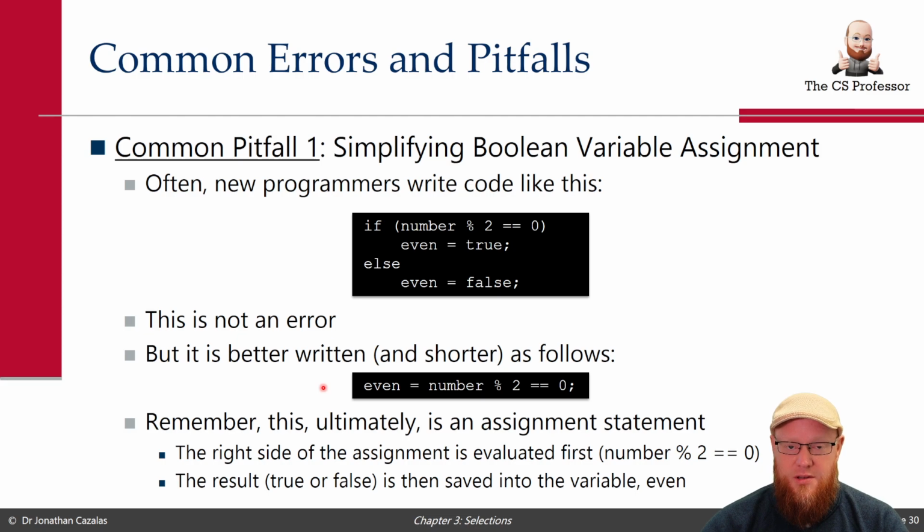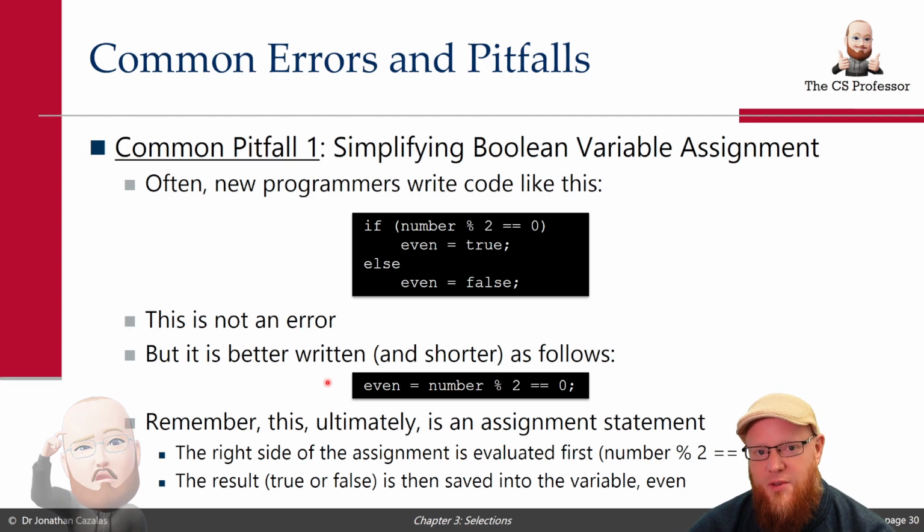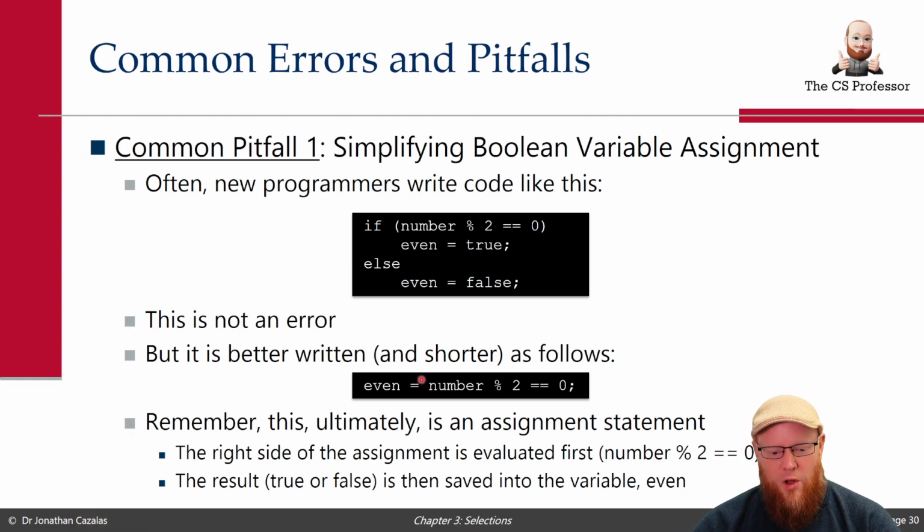Even equals number mod 2 equals 0. And usually when people see that, we're like, what? It's so confusing. It doesn't make any sense. So break it down. It's not that confusing. What do we see here? This ultimately is an assignment statement. In this assignment statement, where should your eyes be looking? They should look to the right.